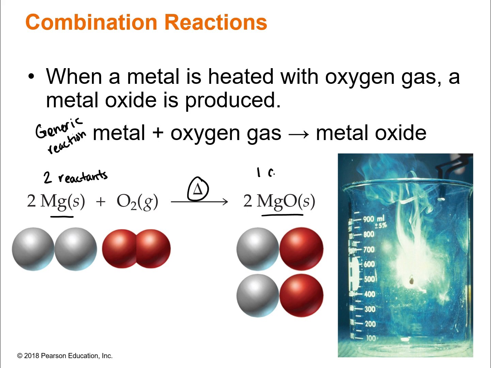You've got 1 complex product. Sometimes you need heat for combination reactions. It's not a requirement. But in general, for a combination or synthesis reaction, you're taking 2 or more reactants and combining them to make 1 complex product. That is the key here.